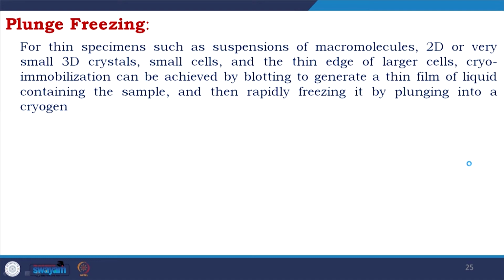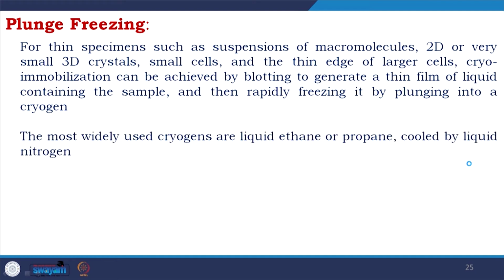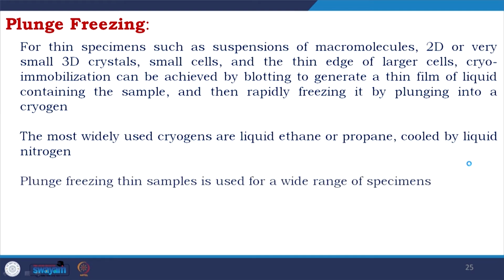So, you have the thin film, you do the blotting and freeze it rapidly. The most widely used cryogens are liquid ethane or propane cooled by liquid nitrogen.